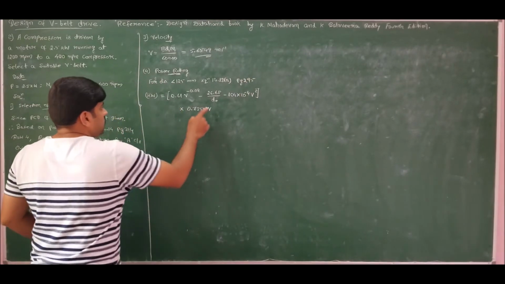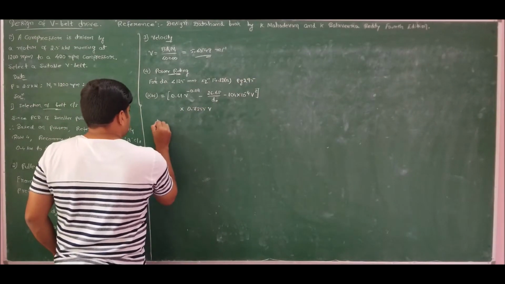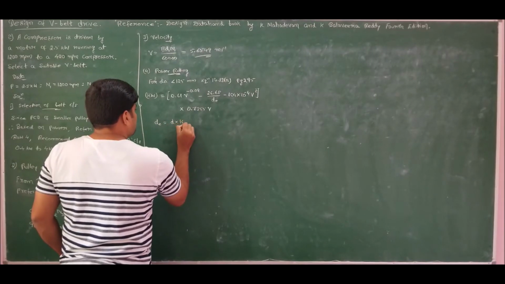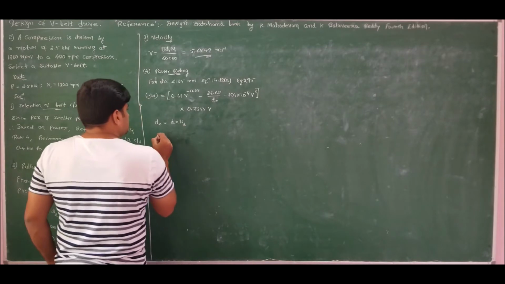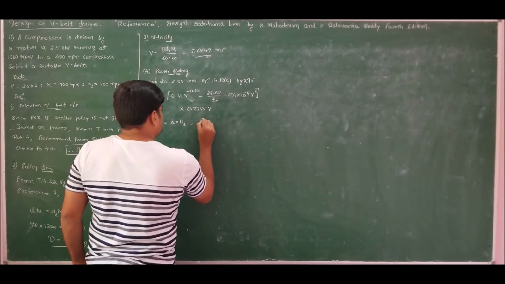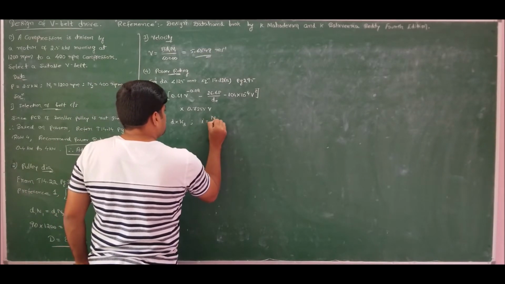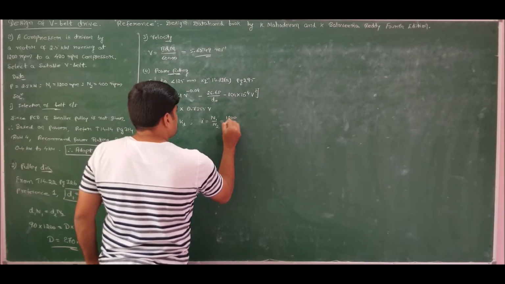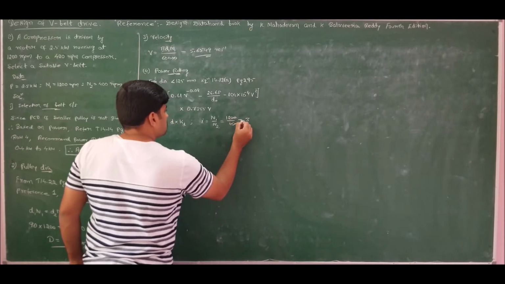So now we have to find the equivalent diameter. We know that equivalent diameter is equal to the smaller diameter times the smaller diameter factor Kd. So Kd is based on the velocity ratio. For speed ratio, i is equal to N1 by N2, which is 1200 by 400, which is nothing but 3.